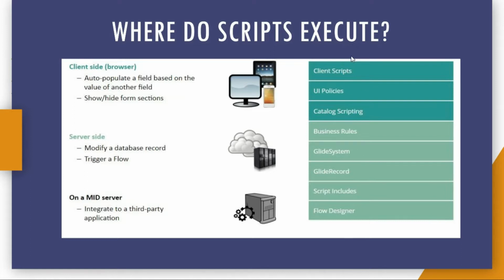As you can see, client script, UI policy, and catalog scripting are defined in a separate color, and these are defined in a separate color: business rules, GlideSystem, GlideRecord, script includes, and Flow Designer. This is because these three execute on the client side and these all execute on the server side. As you can see, client side will run on the browser, server side will run on the database, and the MID server is also running on the database side.